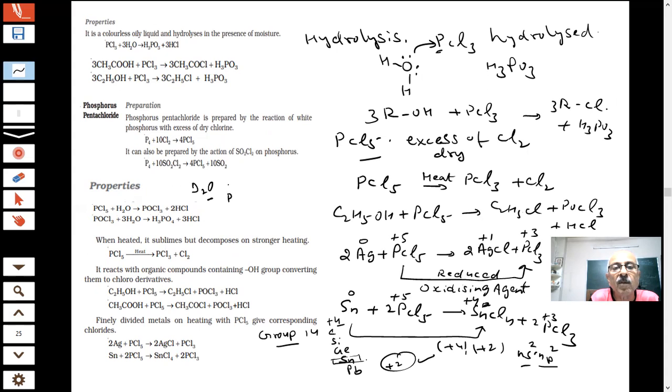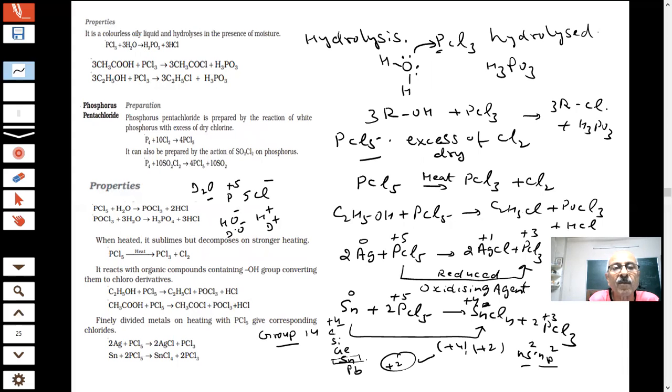P was plus 5, Cl is minus, and water was H plus and OH minus. Now you have D plus and OD minus. So what will happen?